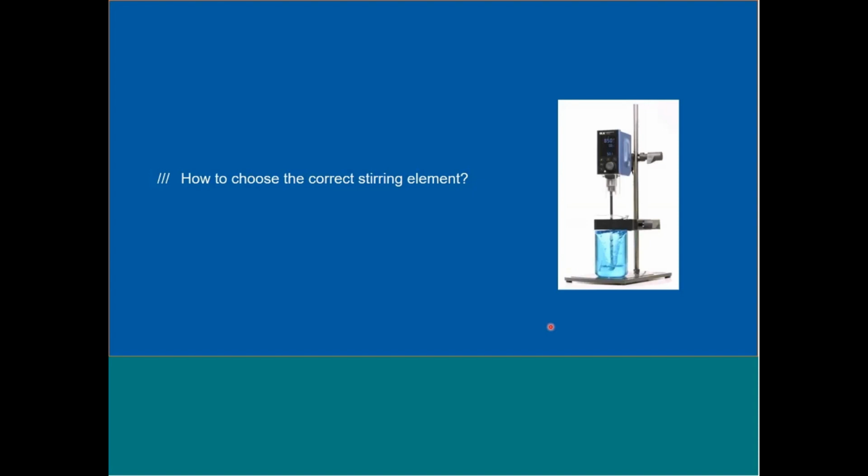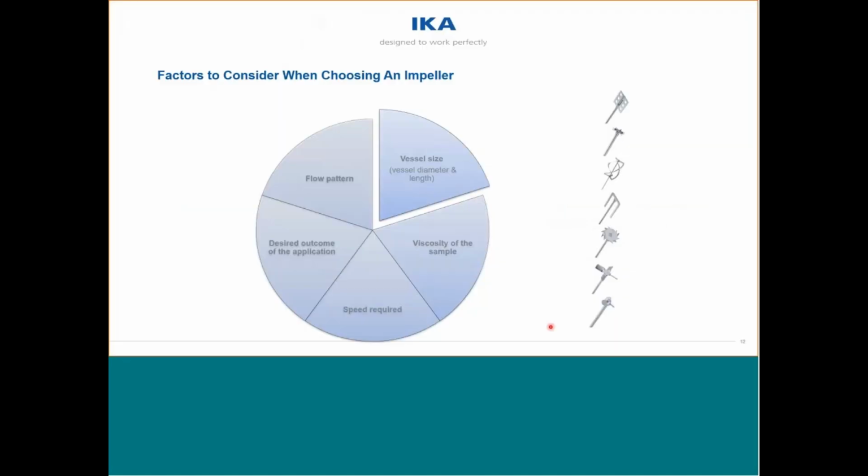Okay, how to choose the correct stirring element for your overhead stirrer? So for the impeller, or some people call it the stirring element, it comes in many different shapes and sizes. So we have to choose the right one for our application. These are some of the factors you should consider when choosing an impeller.